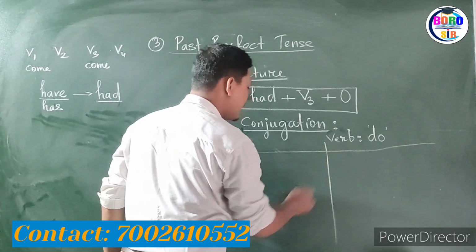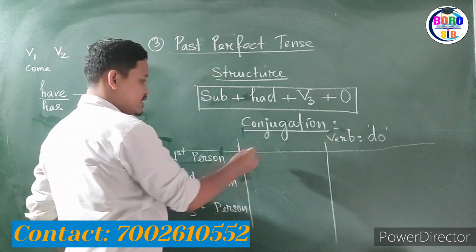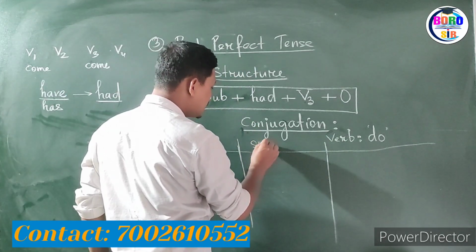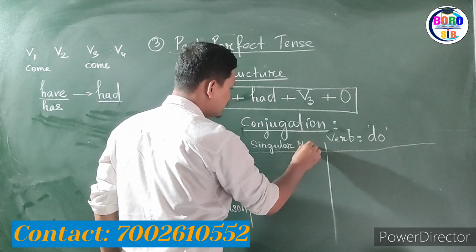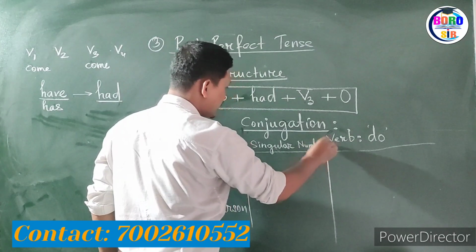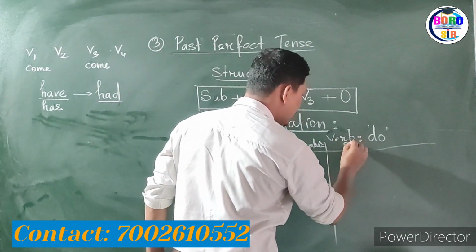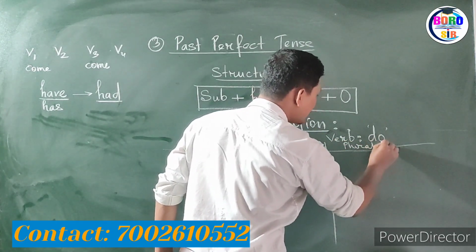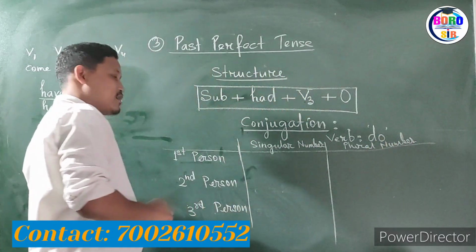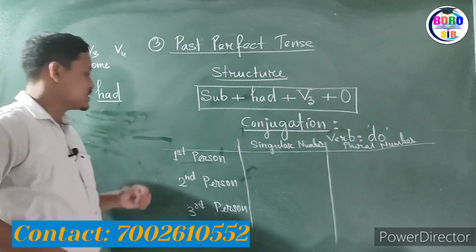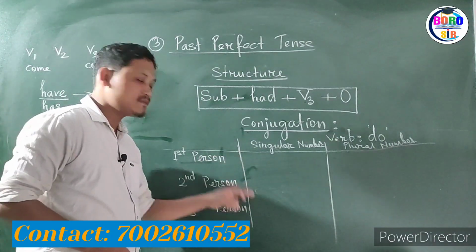Now we have made two columns here. In the first column we have the singular number, and here we are going to write the plural number. Now can you say something about the subject here?